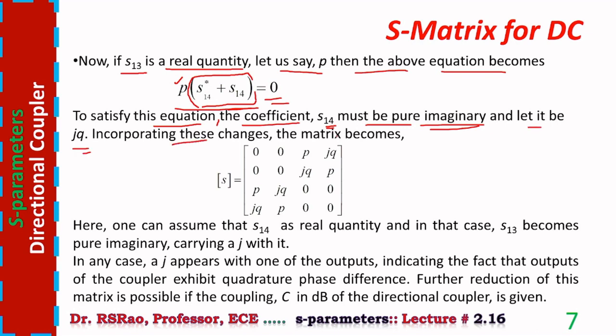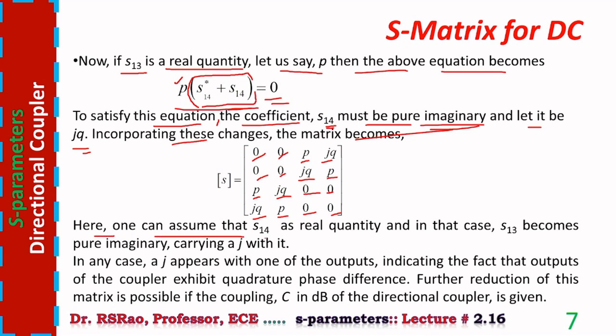Incorporating these aspects, the matrix becomes 0, 0, P, JQ; 0, 0, JQ, P; P, JQ, 0, 0; JQ, P, 0, 0. You can notice this is the matrix that was given as the S matrix of the directional coupler at the beginning of the session.